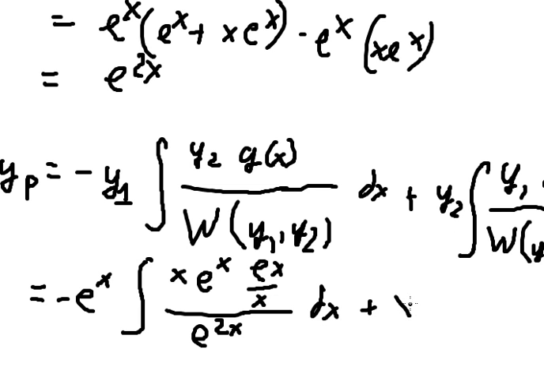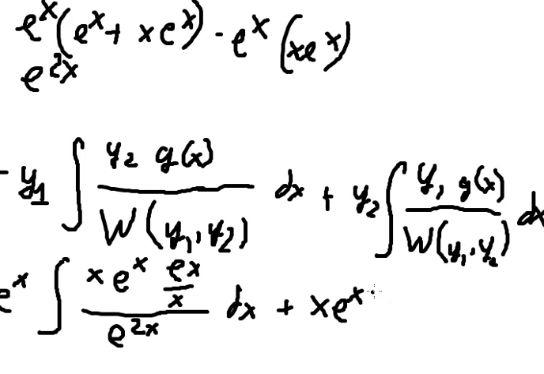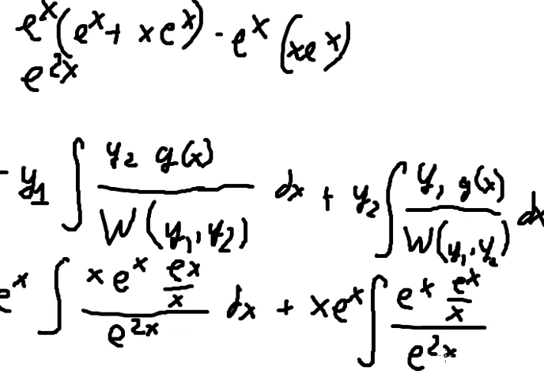Y2, that is s e to the power of s. Y1, that is e to the power of s. G of s, that is e to the power of s over s, divided by e to the power of 2s.